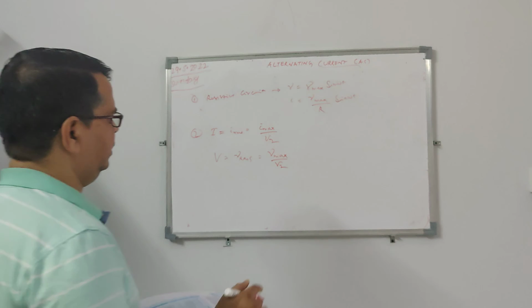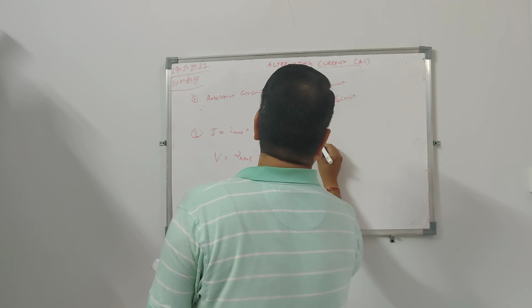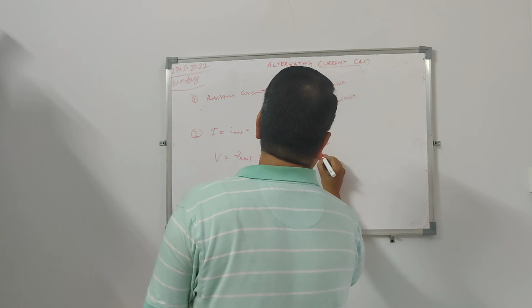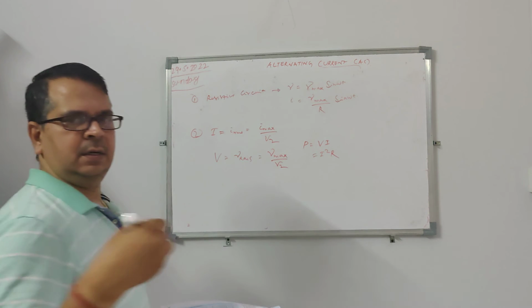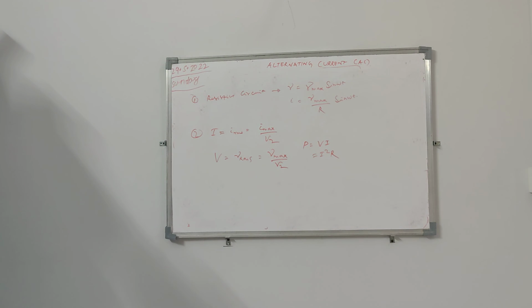In a resistive circuit, power is equal to VI or I square R, whereas in an LRC circuit it will be I square Z into cos phi, with Z the impedance.